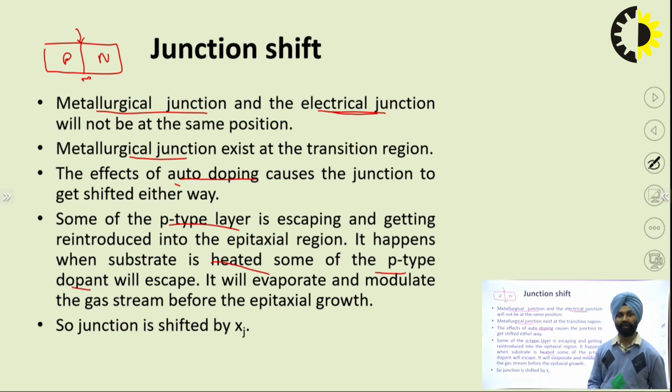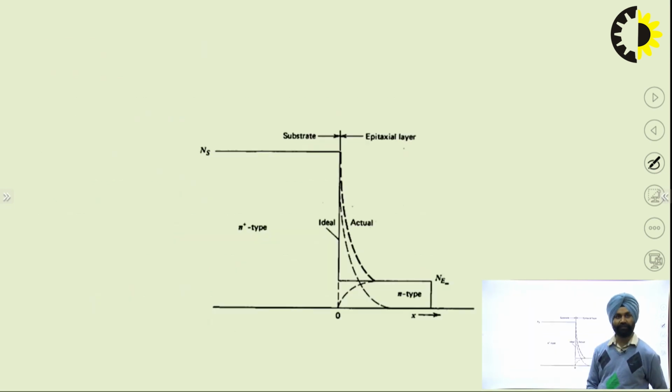Due to the more energy when it is heated, the p-type dopant will move into the n-type epitaxial layer. So with the heating, the p-type dopants will escape, evaporate and modulate the gas stream before the epitaxial growth. So the junction is shifted.